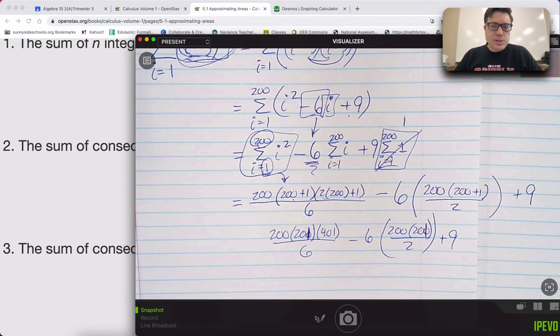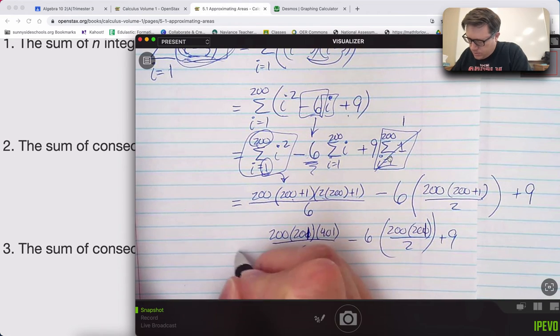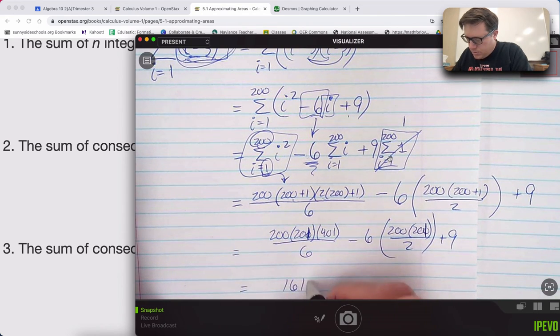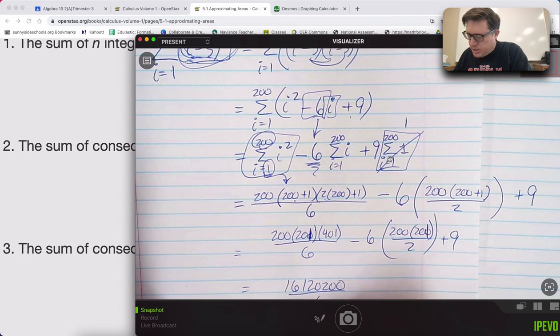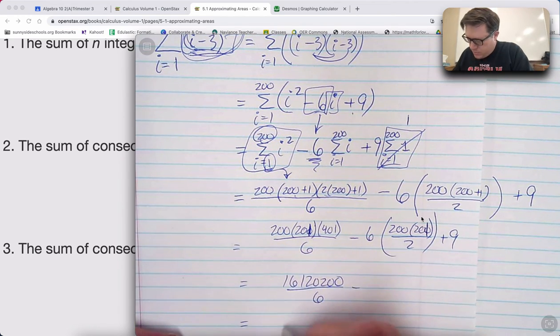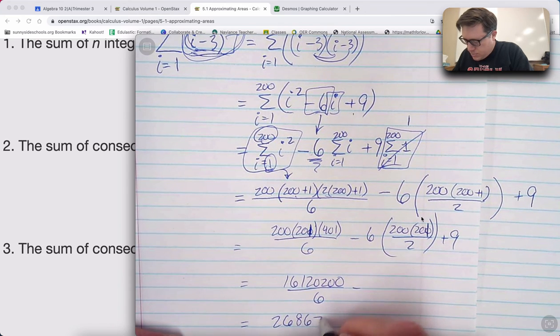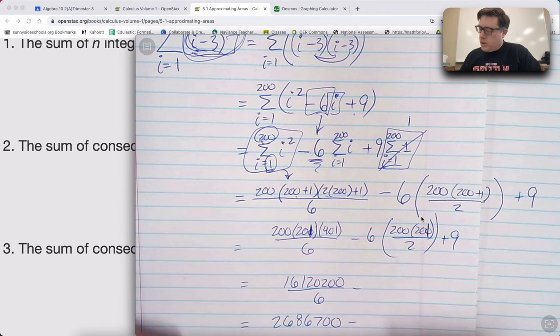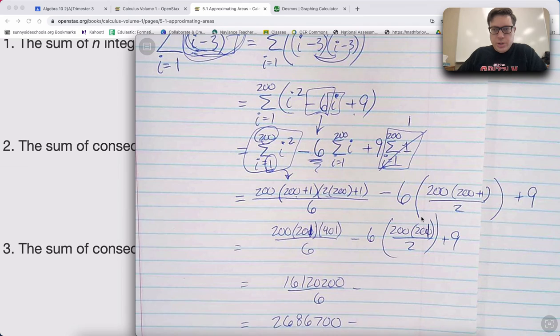Hey Siri, what's 200 times 201 times 401? 200 times 201 times 401 is 16,120,200. Divide by 6. 16,120,200 divided by 6 is 2,686,700.